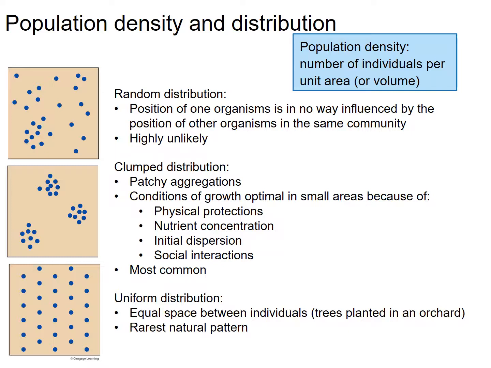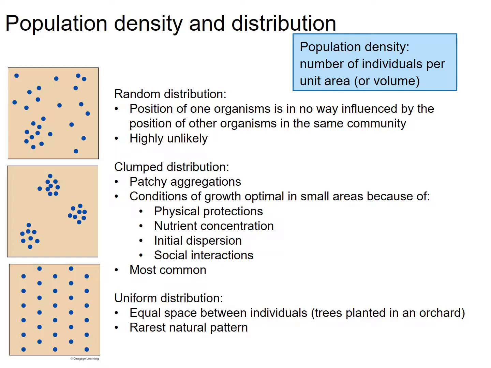In the top image to your left, you see random distribution. The position of one organism is in no way influenced by the position of other organisms in the same community. This scenario in nature is very unlikely. In the middle one, you see a clumped distribution.